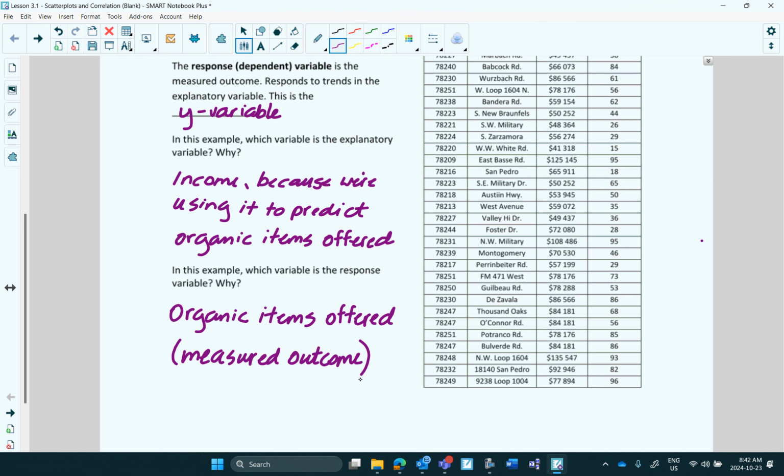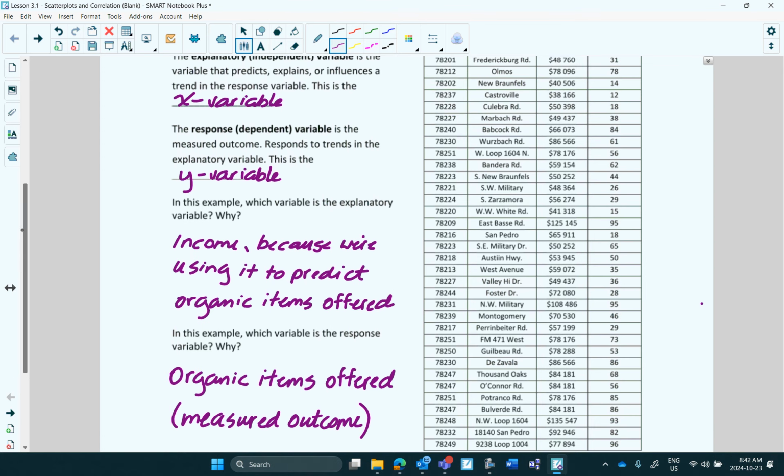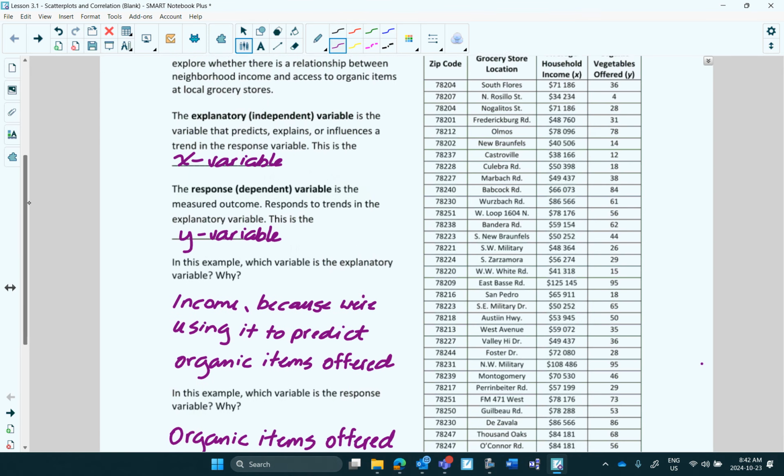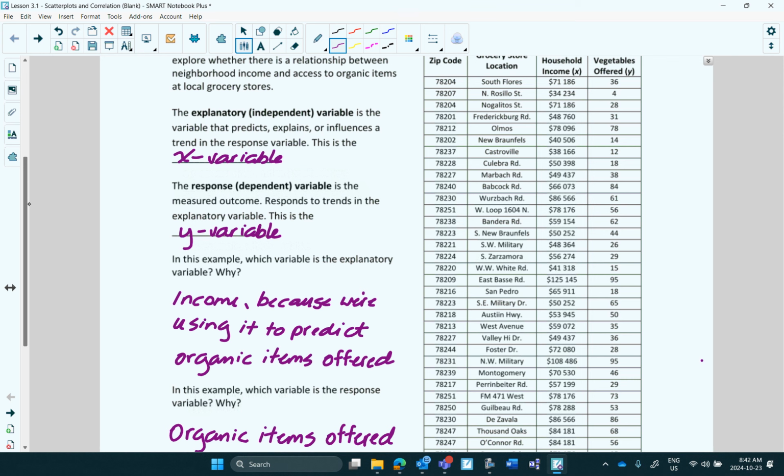So you can see we've got a whole list of data here that lists zip codes of the grocery stores, their specific location, the household income around them, and the organic vegetables offered at each grocery store. So we can see that we've got a location on South Flores where the average income around it is 71,000, a little bit over.